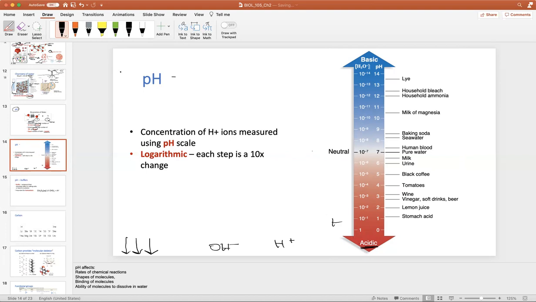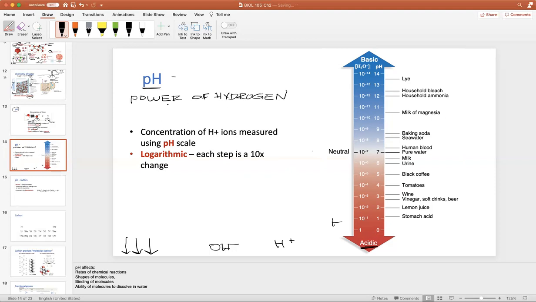Now, you may be wondering where this term pH comes from, and it's actually from the French for power of hydrogen. I don't speak French, but I'm going to look at it for you. Okay, so pH stands for power of hydrogen, and in French, I think it's actually puissance de hydrogène.